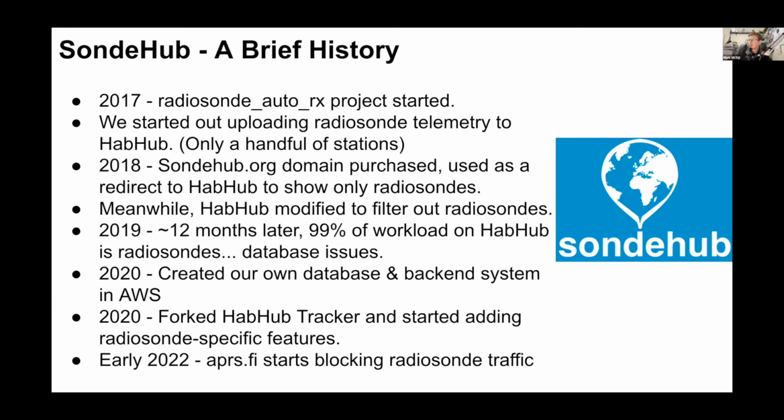In early 2020, I think it was, we forked the HabHub tracker and started adding radiosonde-specific features, and we pointed it at our own database. This allowed us to do all sorts of interesting things. And another note there is that in early 2022, APRS.fi started blocking radiosonde traffic, so APRS.fi could no longer be used to look at radiosondes.